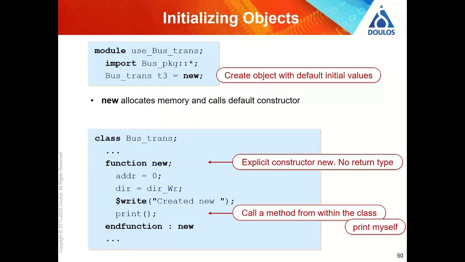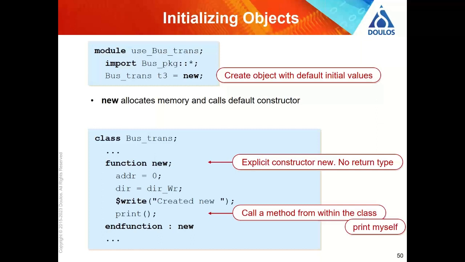Now, when we create a new object, typically we want to have some control over how it gets initialized. So we can add a constructor into our class, which is a special member function for doing initialization. Rather than just calling new and some default values being there, we can actually add a function new into our class. And the job of that is to provide the initial value.